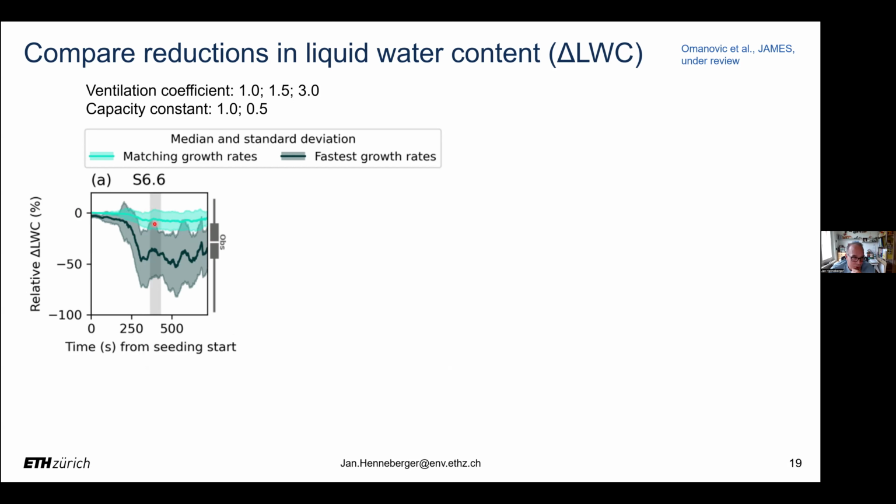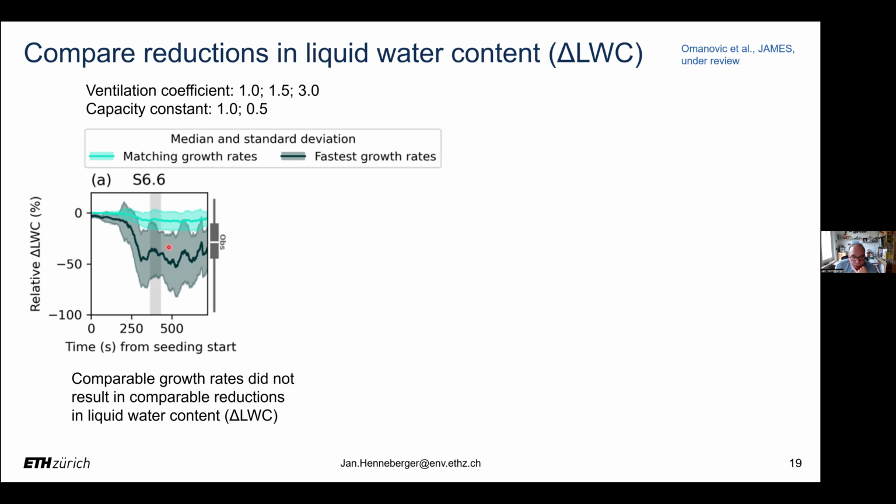The model shows 10% reduction, and the observation, which is at this time shown here in gray, shows a much stronger reduction. Only if we went to the fastest growth rate, so I really tuned these two parameters to the extreme, could we reproduce it. But that would mean the ice crystals would probably grow too fast. So somehow we cannot match it.